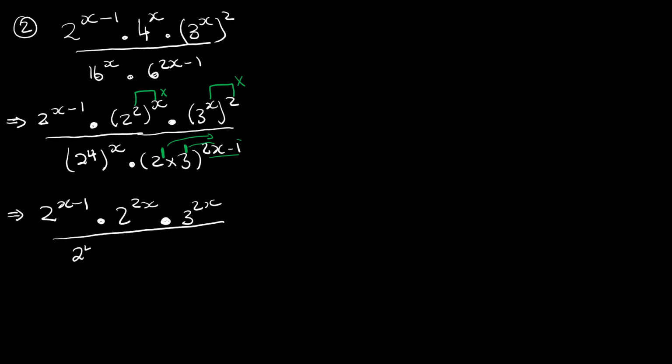So this will be 2 to the power 4x times, remember we are multiplying the 1 with 2x minus 1, so this is just 2 to the power 2x minus 1. I'm very sorry if I'm moving fast.